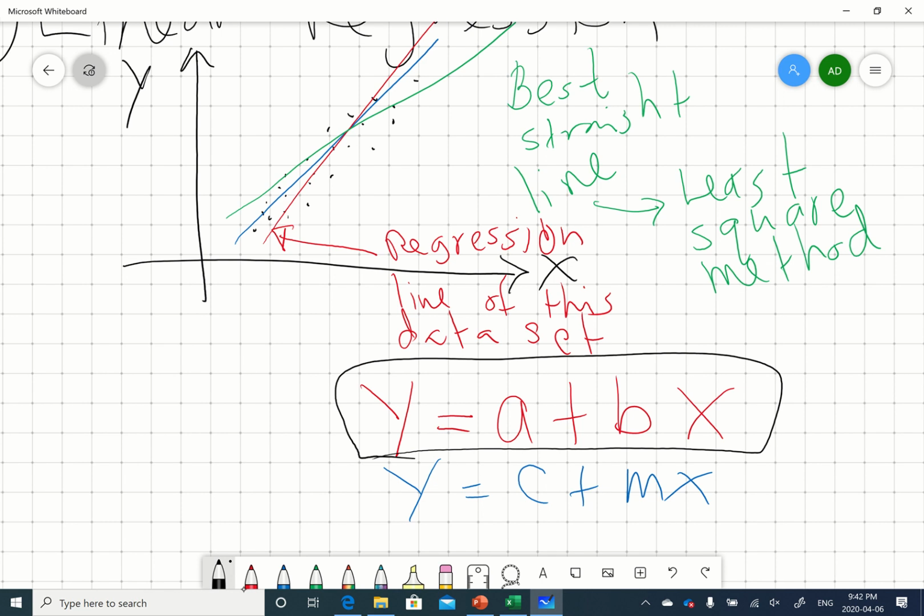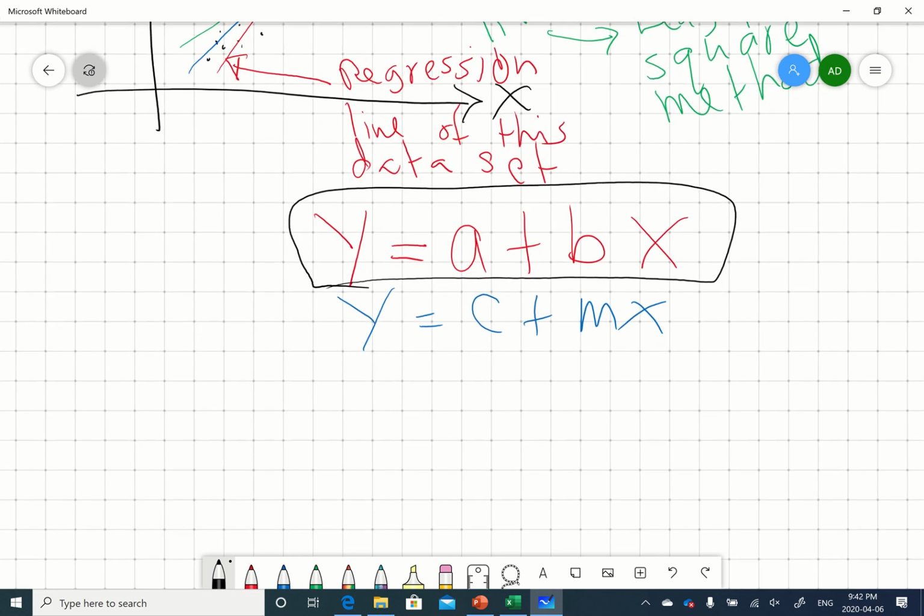Geometry. Basically this describes the relationship between the y variable and the x variable. What's the linear relationship between y and x? And a and b are constants. They do not change for a fixed line.